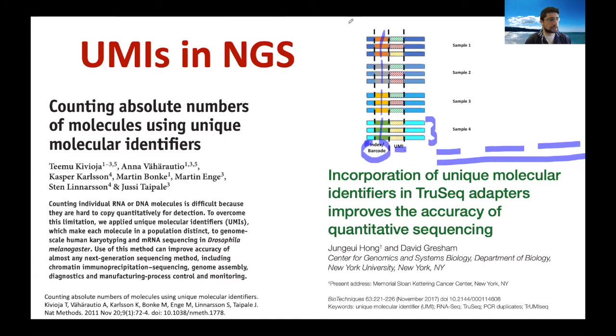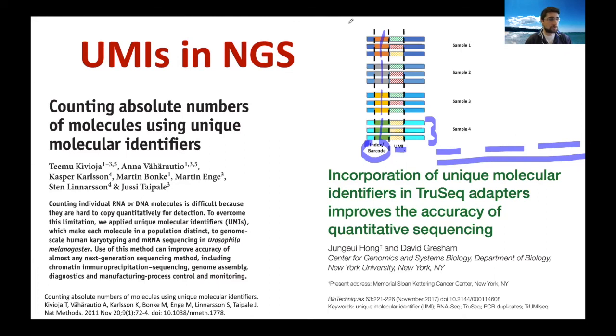We usually do not remove PCR duplicates in RNA-seq if we don't have the UMI, because for some genes you can have true biological duplication.